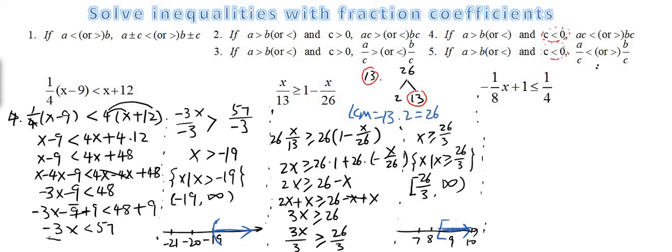So here is 8 and 4. 8 can be factored as 2 times 4. 4 can be written as 2 times 2.